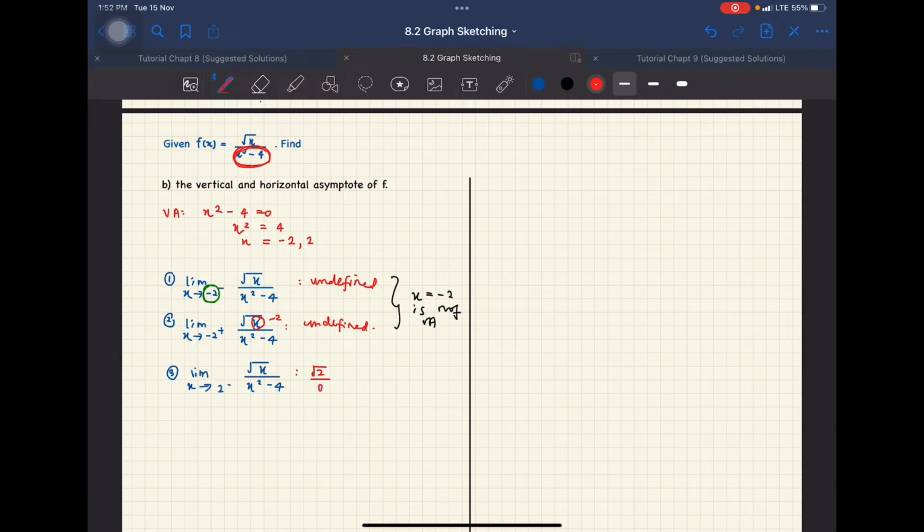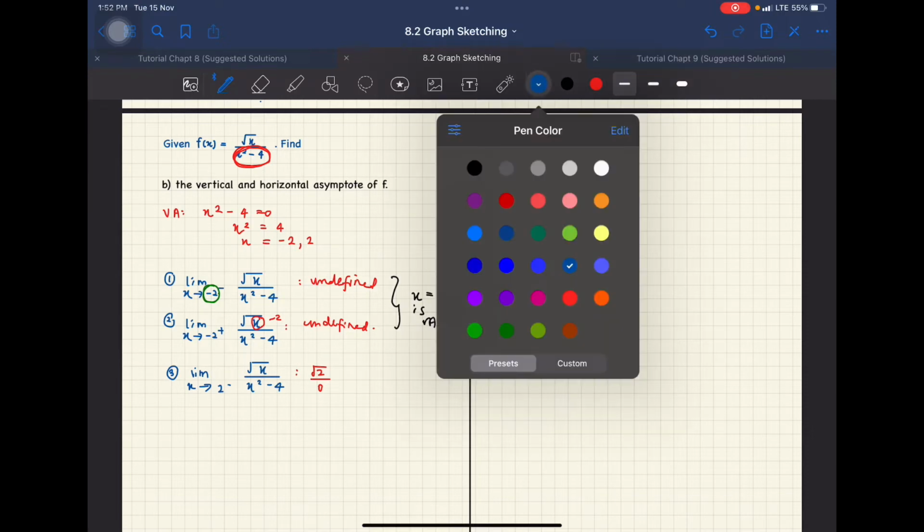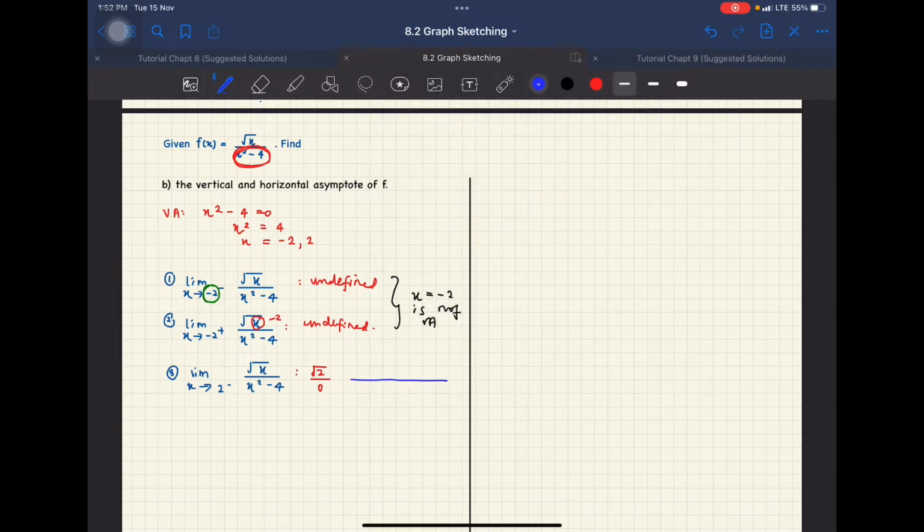Okay, so dekat sini saya akan dapat square root 2 over 0. So ingat balik, kalau awak jumpa a constant divide by a 0, apa yang awak nak kena buat? Okay, so bila kita jumpa a constant divide by a 0, exactly, so kita akan kena buat satu number line. Okay, so let's do a number line.